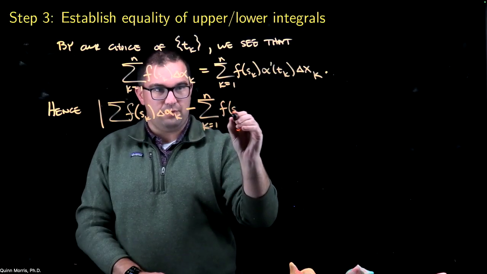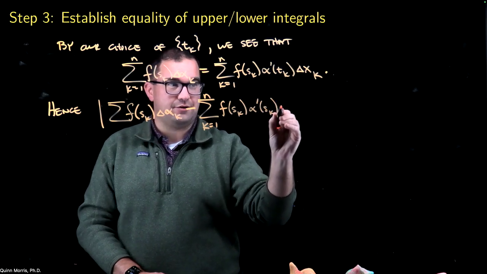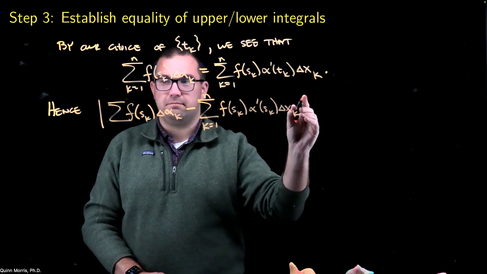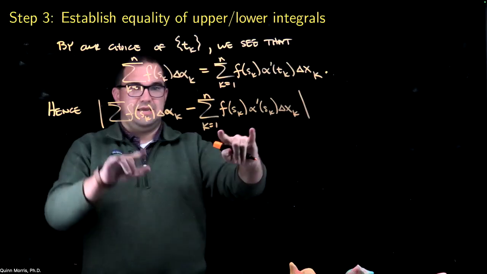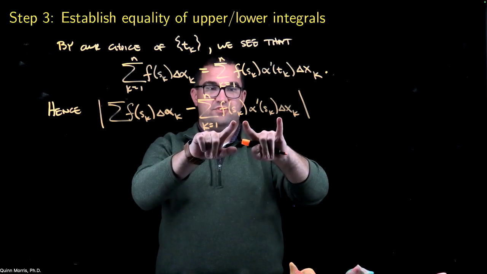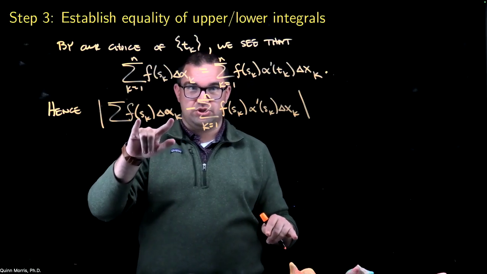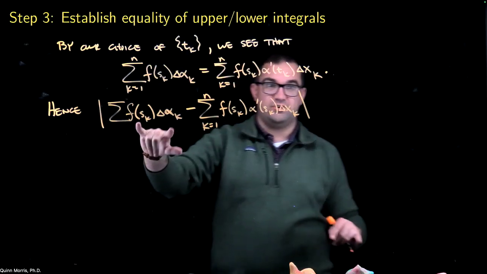So if I look at this, this is in fact a Riemann sum for f times alpha prime. This is a Riemann-Stieltjes sum for f with respect to alpha.